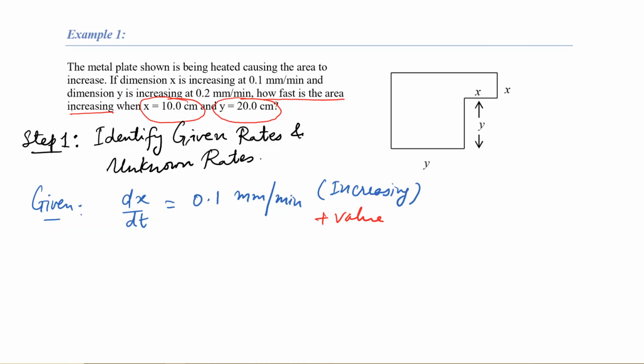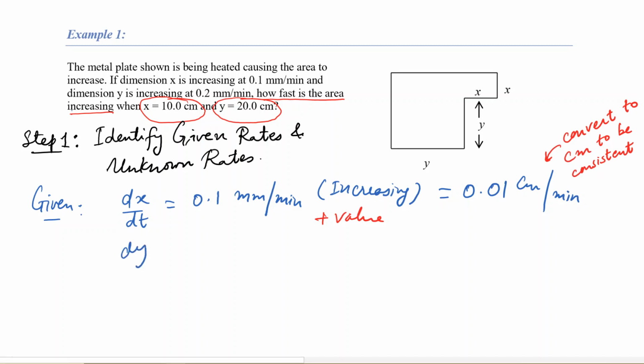Another thing we notice is that x is given as 10 centimeters. So centimeter and millimeter. What we want to do is convert everything in terms of consistent units. So let's convert everything in terms of centimeters. 0.1 millimeter per minute means 0.01 centimeter per minute.